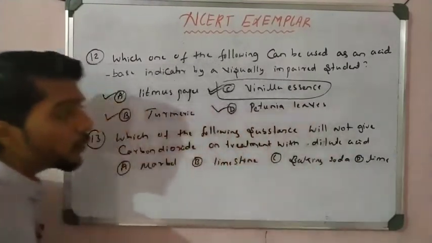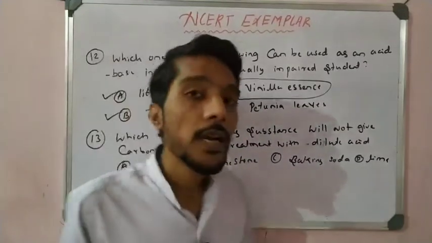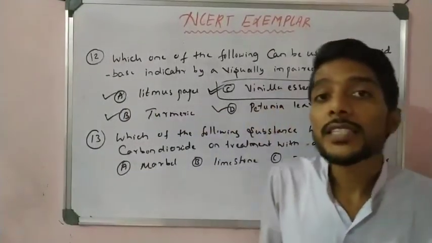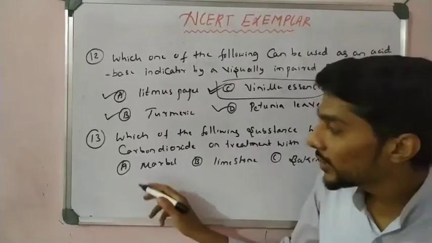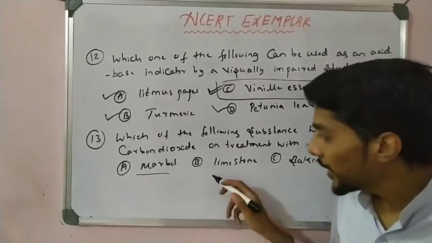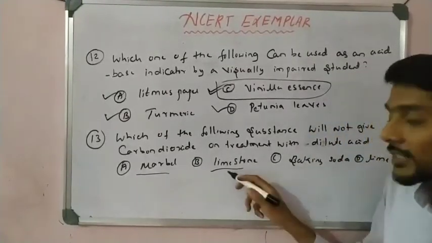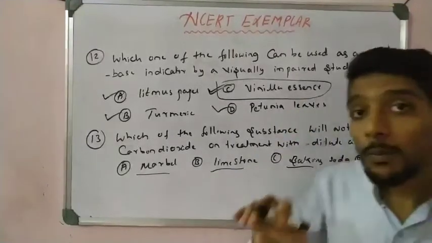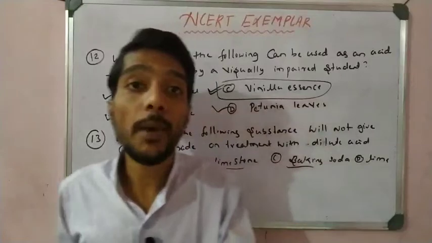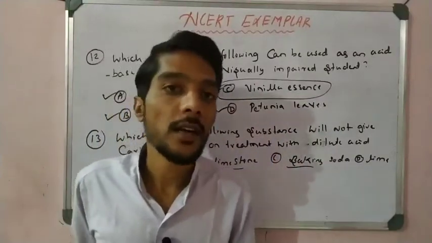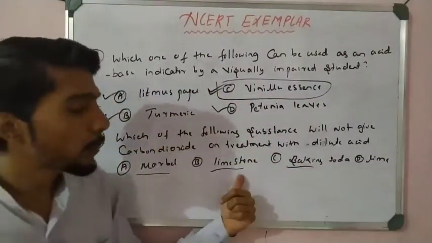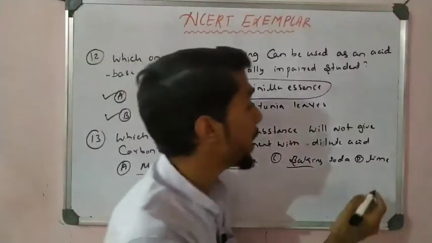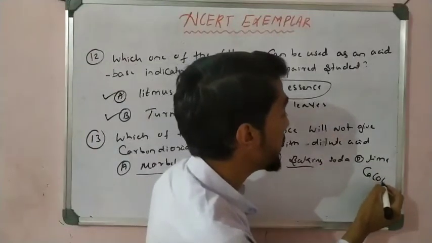We know that carbon dioxide is formed when acid reacts with metal carbonates. This is calcium carbonate, this is also calcium carbonate, and baking soda is also a carbonate, so carbonate compounds can produce carbon dioxide with acid. But lime water does not have carbonate, it has hydroxide, Ca(OH)2.